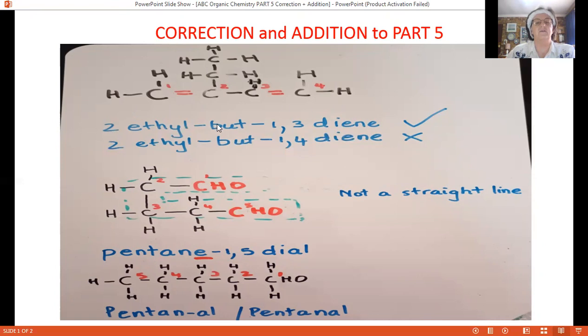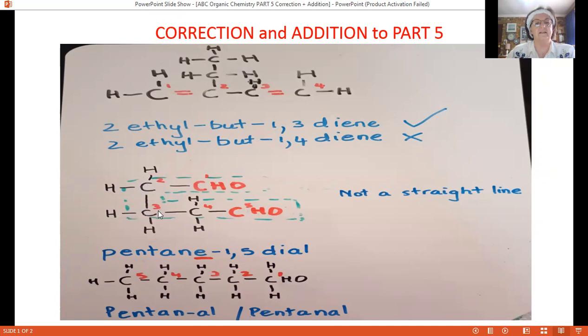I decided to add this addition because I also wanted to show you, because I spoke of it in part 5, but I didn't show an example. Here's an example where the chain is not straight. It doesn't need to be in a straight line.